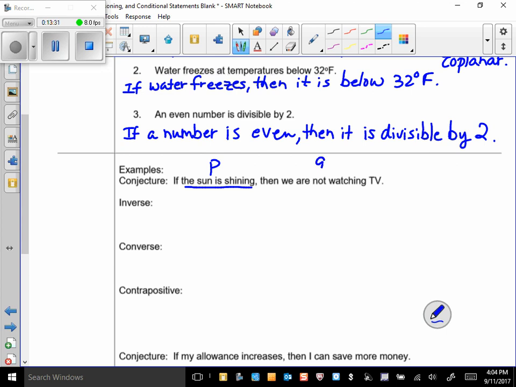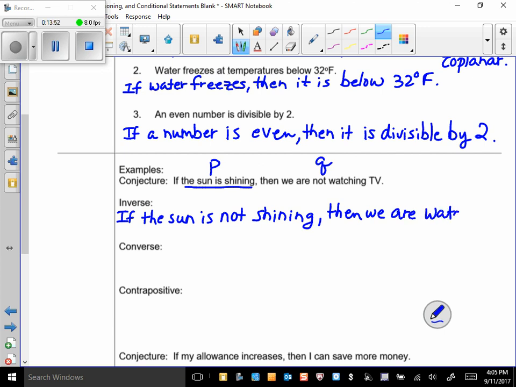We are not watching TV is Q, so we're going to negate both of those, and it's going to read, if the sun is not shining, then we are watching TV. Right? Because if I negate something that's already negative, then two negatives make a positive, right?